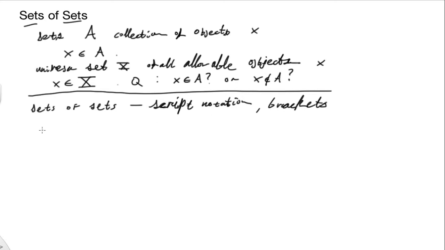So we'll use script notation A, and I put that little curl on that, and that's going to be a bracket, and it might be something like this, where there'll be a set of sets. So A1, A2, A3, A4, and so on.